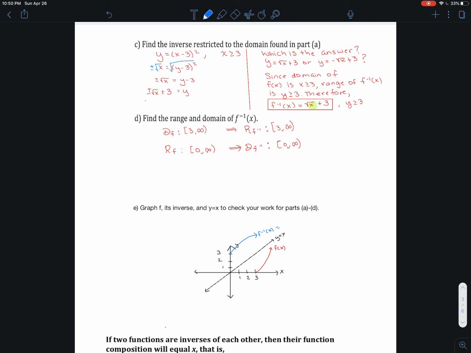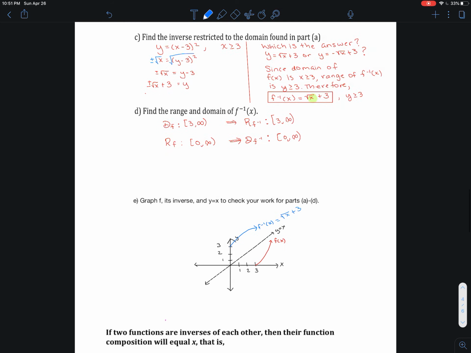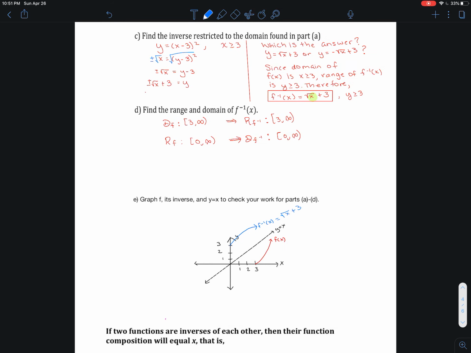The graph of square root of x shifted 3 up. So I know that's plus 3. Okay, and also take a look at the domain of f inverse of x. It's 0 to infinity, which matches with our answer in part D, and the range is 3 to infinity, which also matches with our answer. So we're good. Looks good.